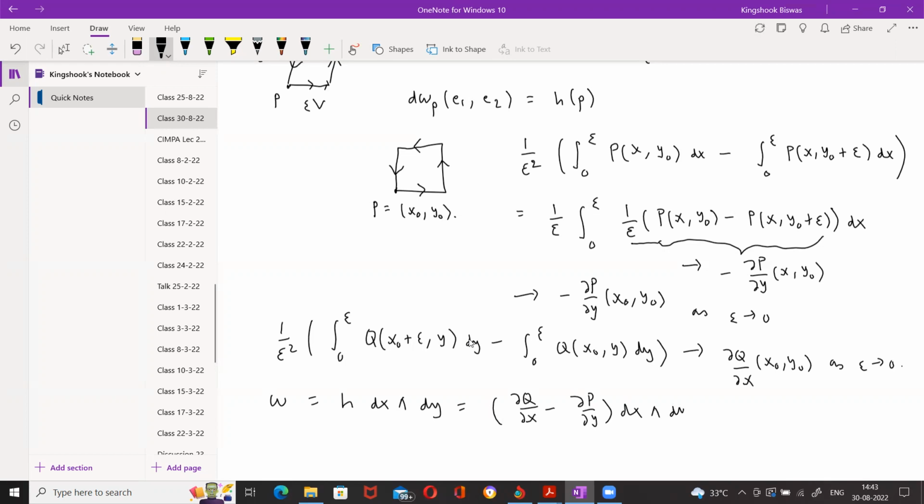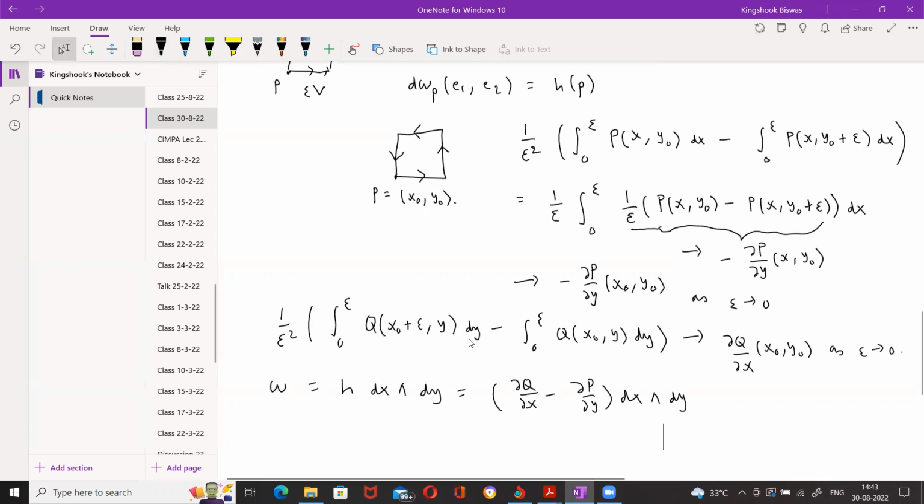So this is d omega, sorry, not omega, d omega. This is a first order differential operator on omega. We're taking first derivatives of the coefficients of omega, basically.